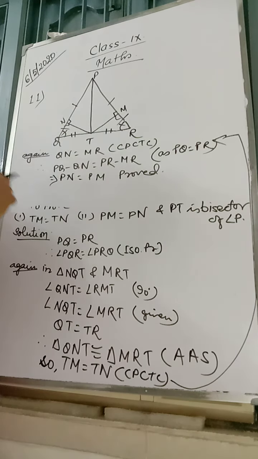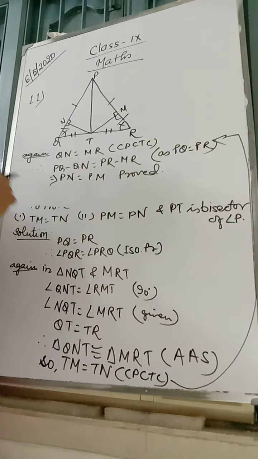Now, question number 12. First, triangle PQR, in which PQ is equal to QR. Now, QR is extended to S such that PR is equal to RS.